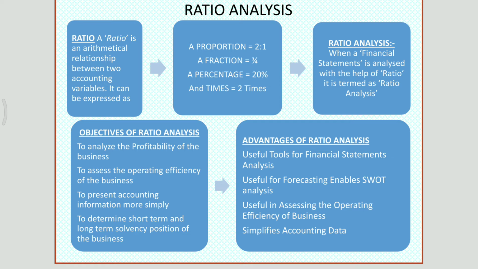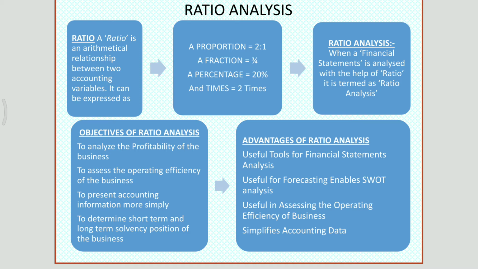But in accounting, it is explained a bit differently, though the meaning is the same. In accounting, a ratio is the arithmetical relationship between two accounting variables, and it has different ways to express. It can be a proportion, a fraction, a percentage, and times.